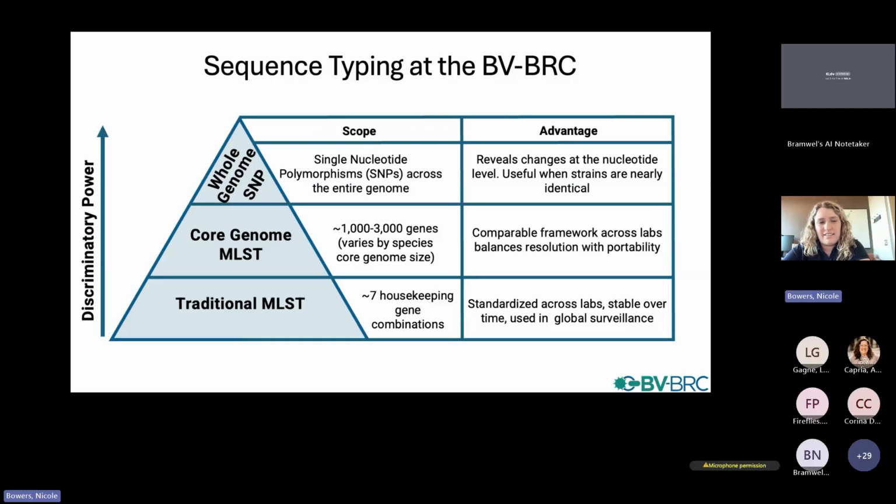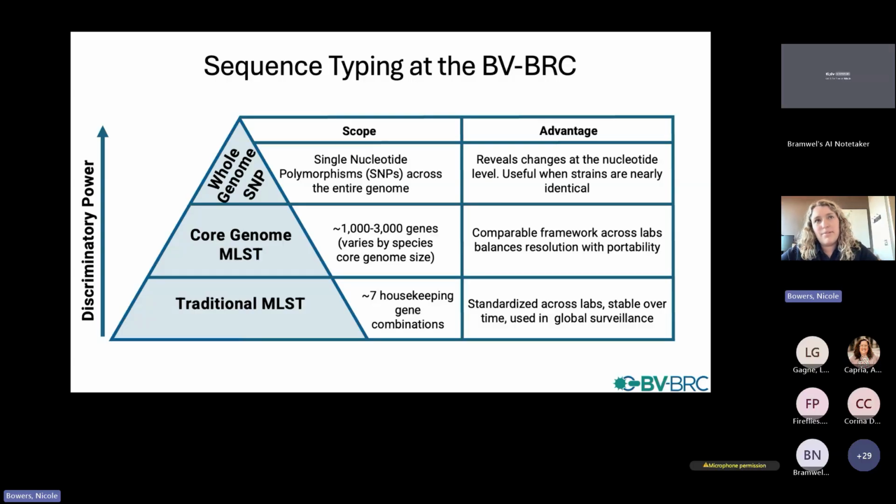In our genome page, which I'll show you today, we have core genome MLST, and this is one of our analysis services. We are looking into how to incorporate it into the annotation pipeline, but for now it's only available via service submission, and we'll walk through the submission page and outputs today.